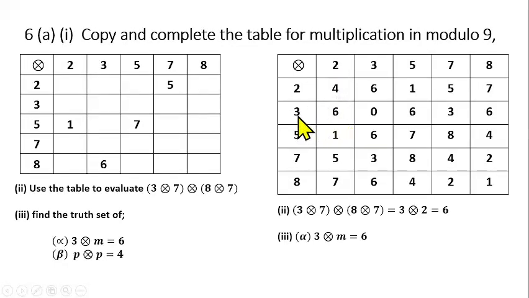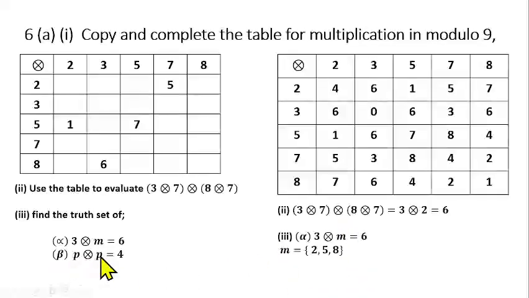I multiply this 3 with 2 to give me 6, so the first answer is 2. I also multiply this 3 by 5 to give me 6 as well, so the next answer is 5. I also multiply this 3 by 8 to give me 6 as well. So the range of values of m is 2, 5, and 8.